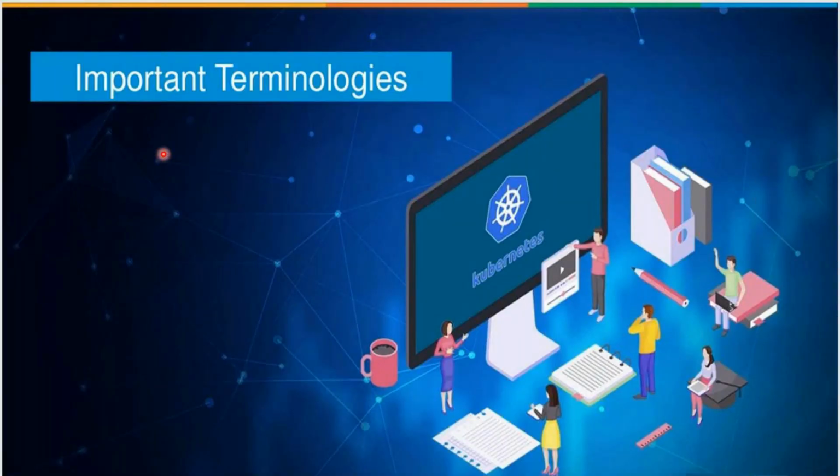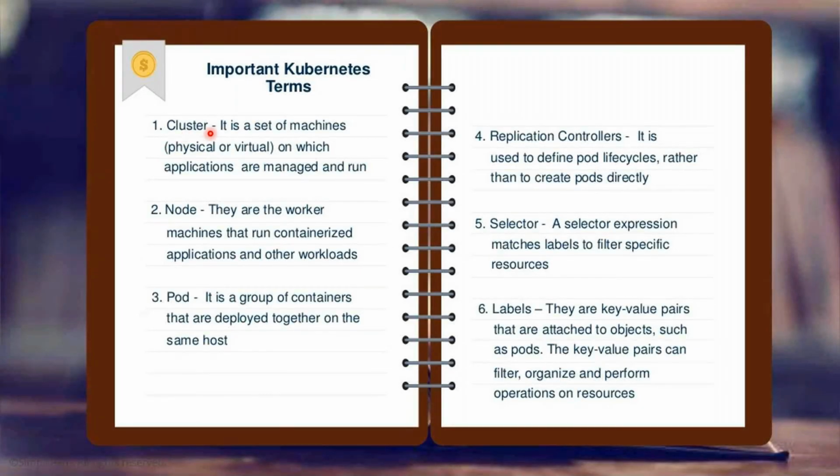Next one, important terminologies in Kubernetes. Cluster. Cluster means a set of machines, physical or virtual, on which applications are managed and run. Second one is node. They are the worker machines that run containerized applications and other workloads. Third one is pod.